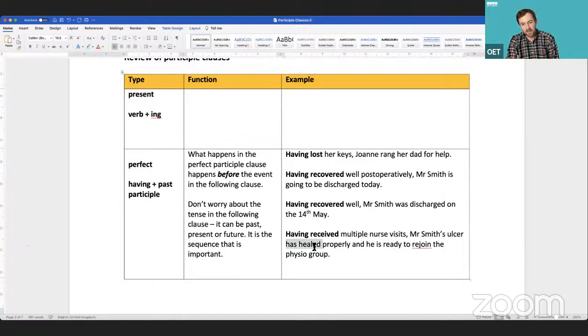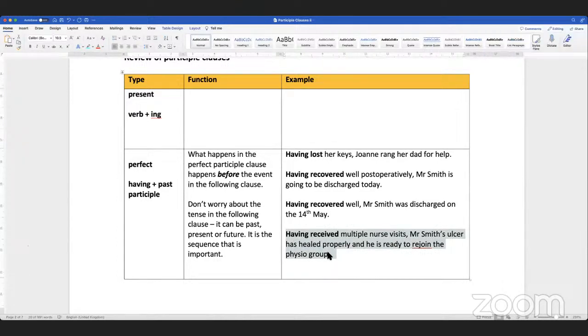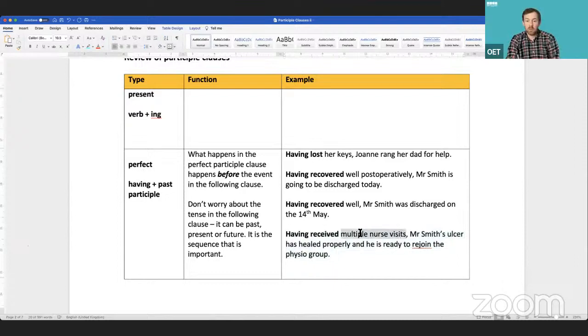Here I've done present perfect, and then I've put present simple. Multiple tenses, multiple actions. The important thing is that I told you what happened first. And what happened first in this example? Having received multiple nurse visits. Yeah, multiple nurse visits happened first. Then I'm telling you, these are things that happened after.